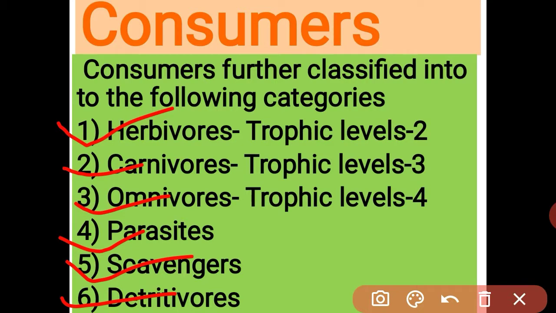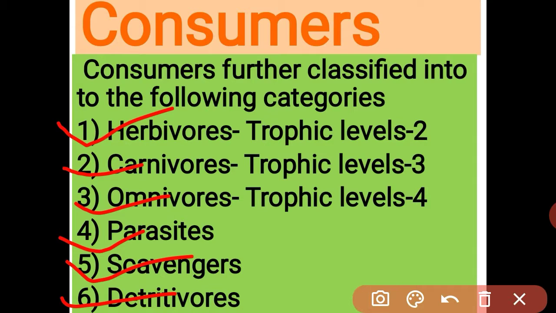Detritus means decomposing plant and animal parts as well as feces. For example, the earthworm breaks down leaves and converts them into small soil, and detritivores help the decomposers to decompose the dead and decayed material.